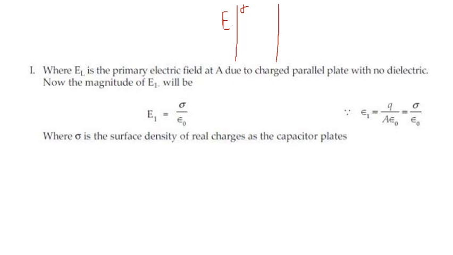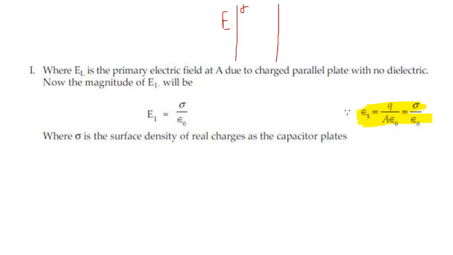We did this in the previous lecture, that this is our field, sigma over epsilon 0 or Q over epsilon 0 A. So this is the first contribution, due to the main or primary electric field that is applied.